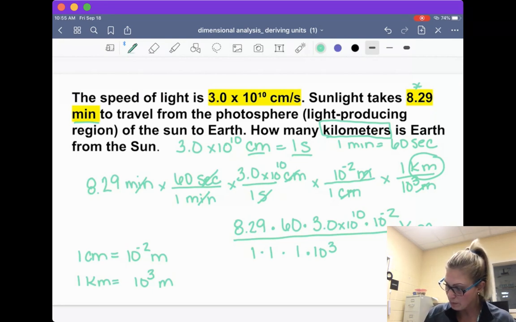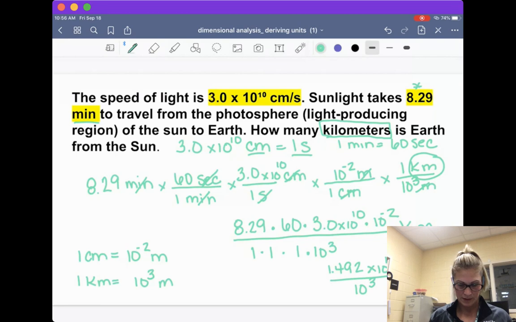So our top number here is going to be 1.492 times 10 to the 11, all over 10 to the 3. So we're going to go ahead and finish this out.